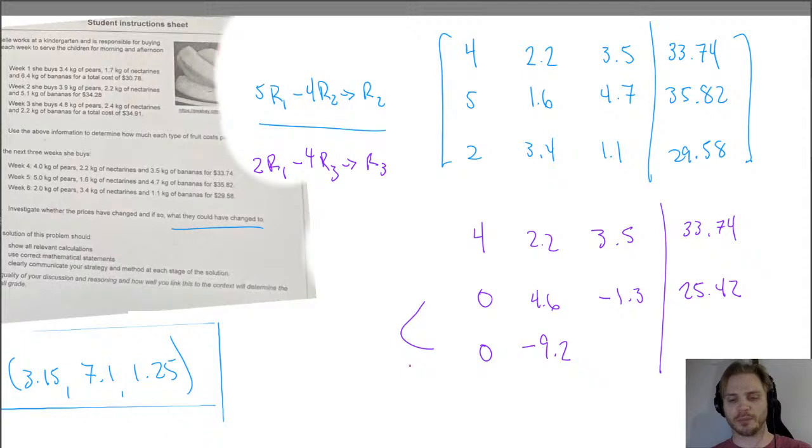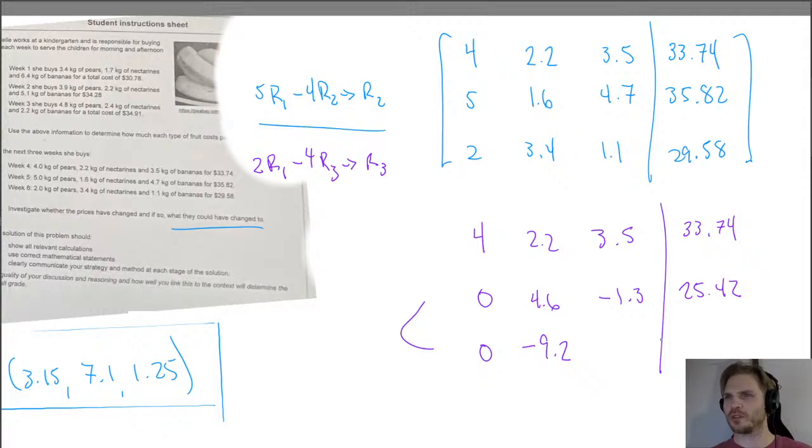Let me check just to be sure. 2 times 2.2 minus 4 times 1.1 gives us 0. So that goes to here, and then 2 times... oh, look, I made a mistake. That's right.